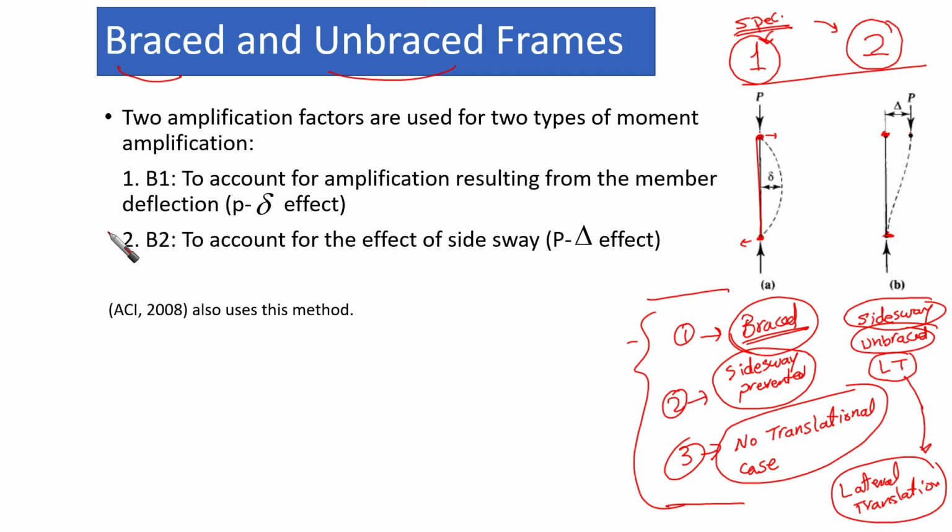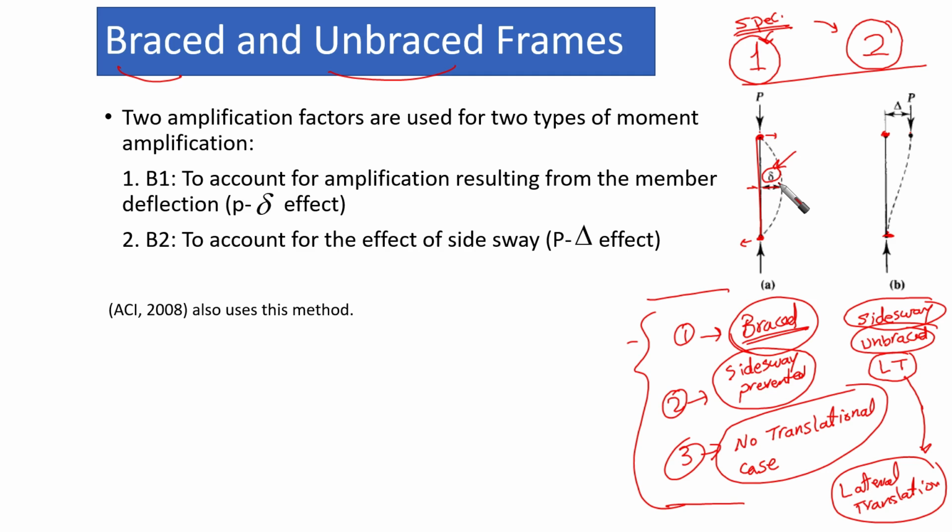So at the end, because of this, as we mentioned in the previous lecture, we said that we have 2 types of amplification that we need to take into consideration. The first one is related to the element itself, where buckling would take place due to the axial load. And this buckling is going to have the maximum amplitude at the center of the element itself.